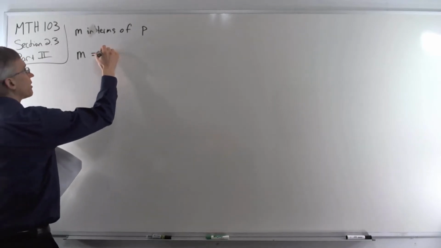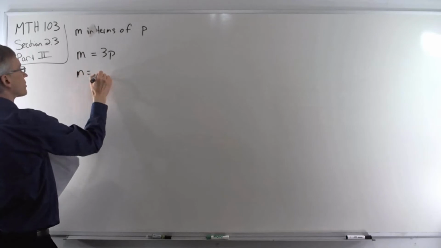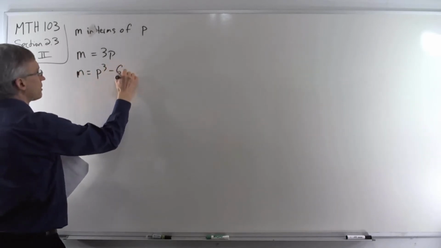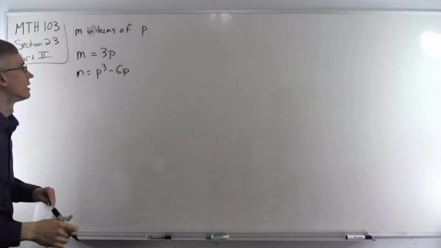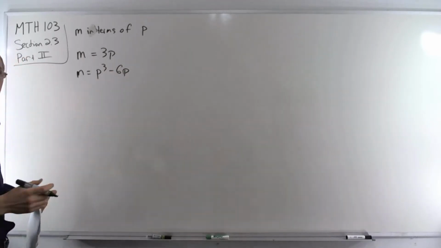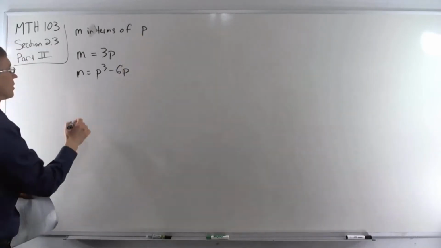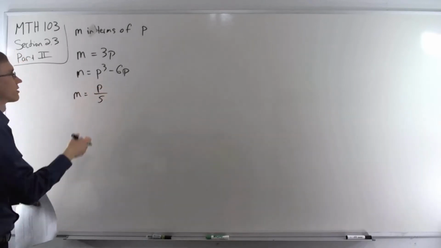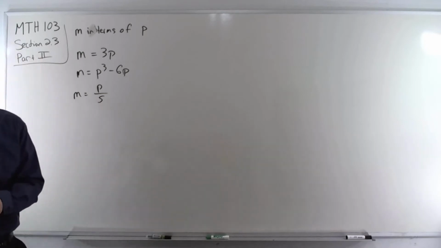So I might have 3p, or I could have m equals p to the third minus 6p. There can be more than one p, but there can't be any other variables. I couldn't have m equals 2x, because I'm expressing it only in terms of p. I might have m equals p over 5. So there's some examples of expressing m in terms of p.